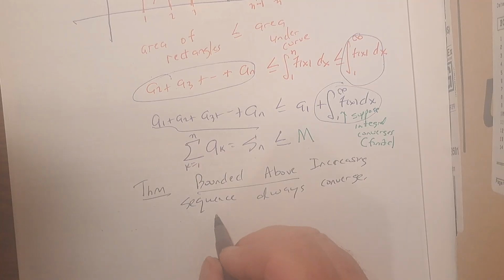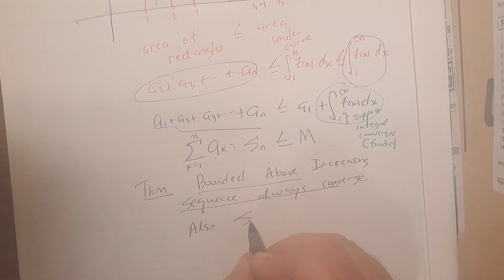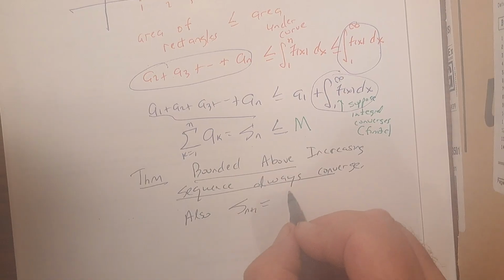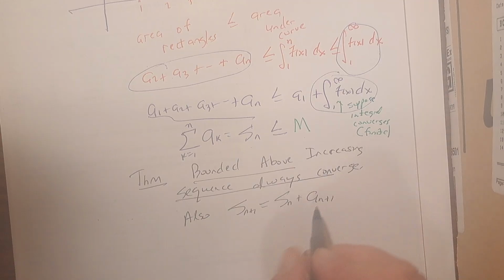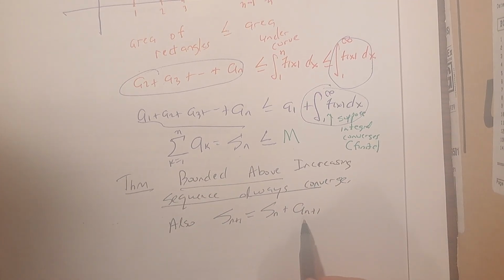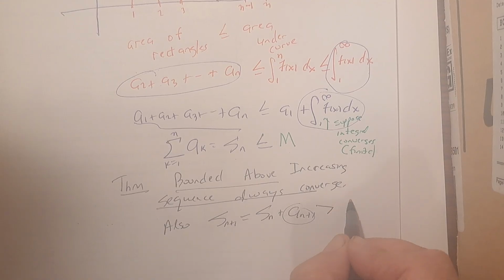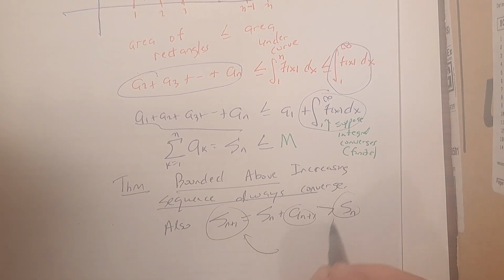For example, the n plus first partial sum is going to be the first n terms plus the next one. But we supposed it was a positive term series, so if you leave this off, it's just going to make it smaller. And that's the definition of an increasing sequence.